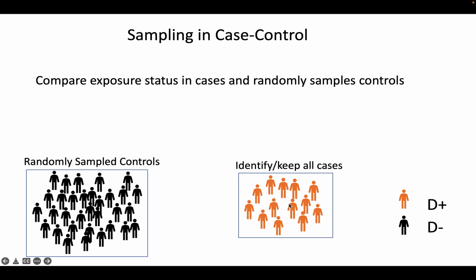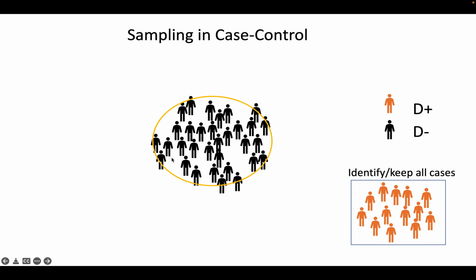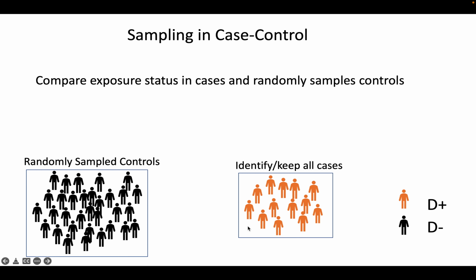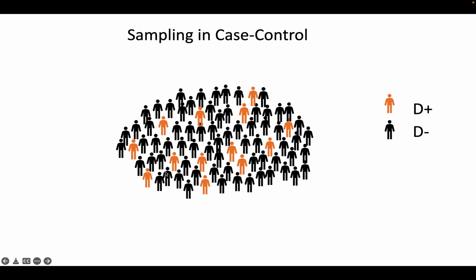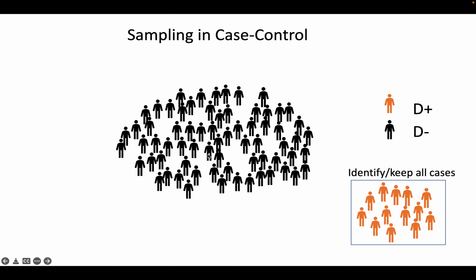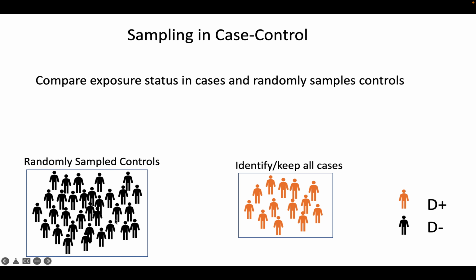We might have more cases than is representative in the population, because this population had this many cases and this many non-cases, and the proportion of cases in our study population is much larger, maybe even equal. And again, that's okay, because we're sampling completely irrespective of exposure status.